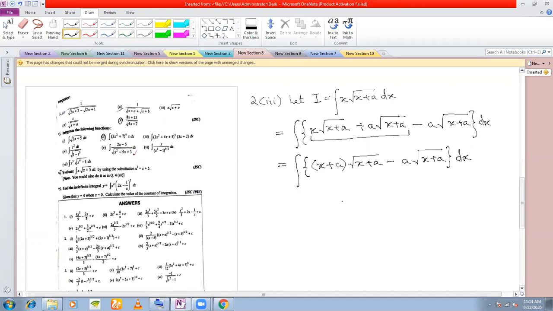Tell me whether you have understood or not. Sir, how have we got this one? Which one? The second step, x into root x plus a plus a root under x plus a. So how have we got x plus a and root under x plus a?